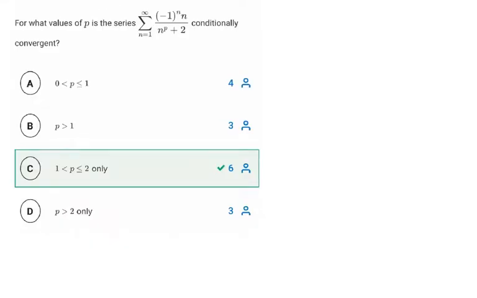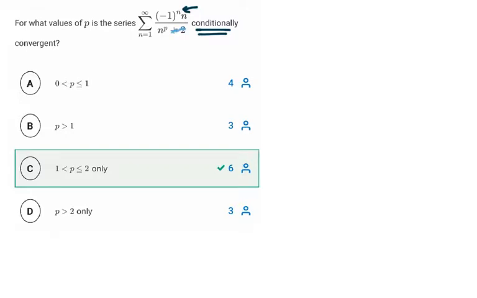The other one was a series review. For what values of p is the series conditionally convergent? So what that means, again, is that it only passes the alternating series test, but it fails the other series tests, like the ratio test. So hopefully what a lot of you did is that you recognized that, oh, this plus 2 isn't really doing anything.